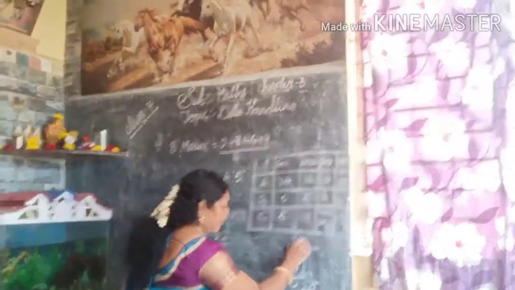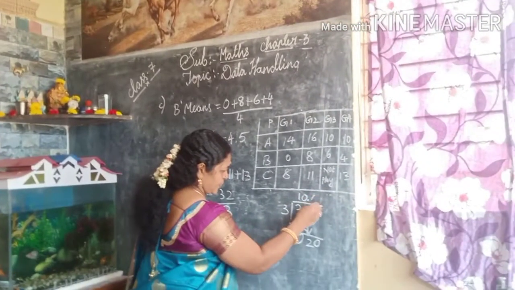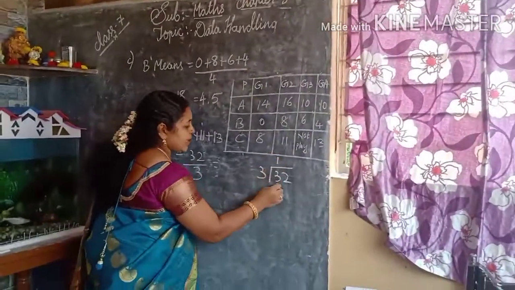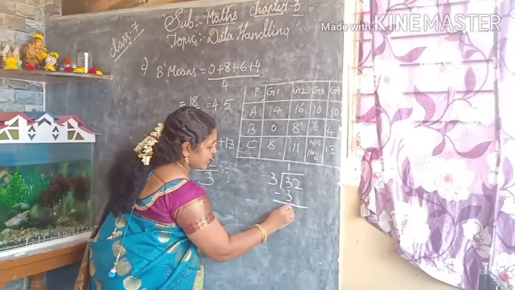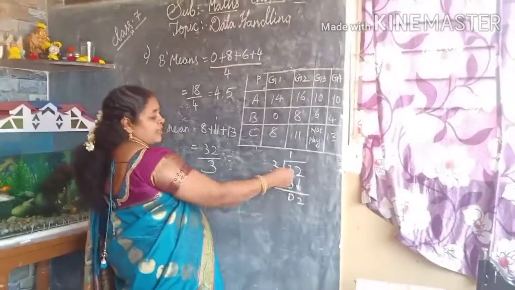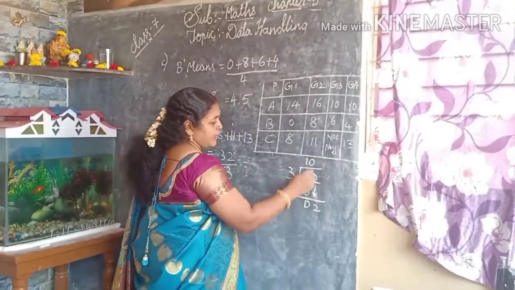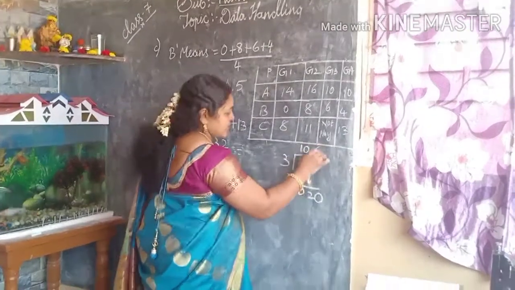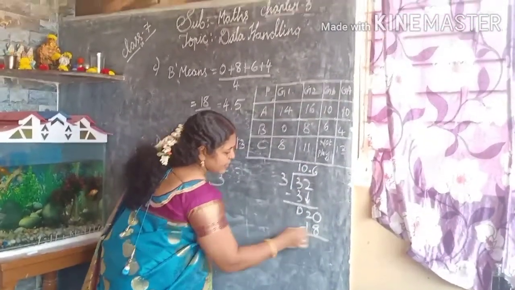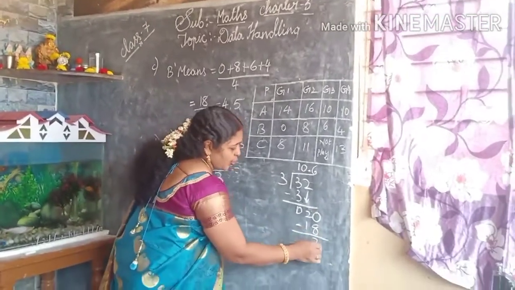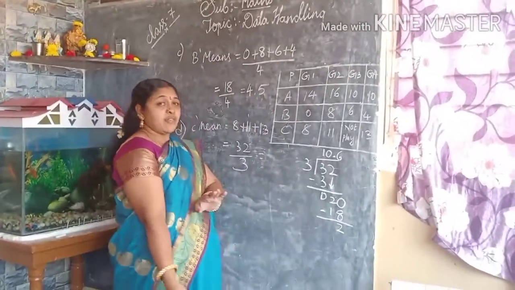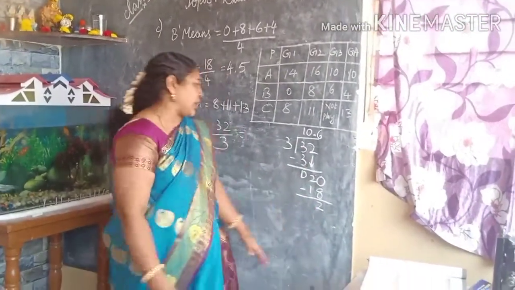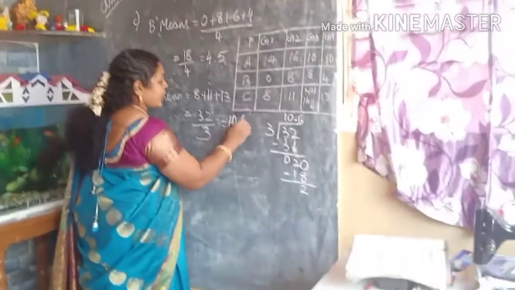So it becomes a point. We bring 2 down. 3 6s are 18. Subtract, you get 2. Again you get recurring 2's. You know what recurring 2's and recurring 3's are, okay? As many zeros as you add, you will get the remainder as 2 again. So we will take the answer as 10.6.